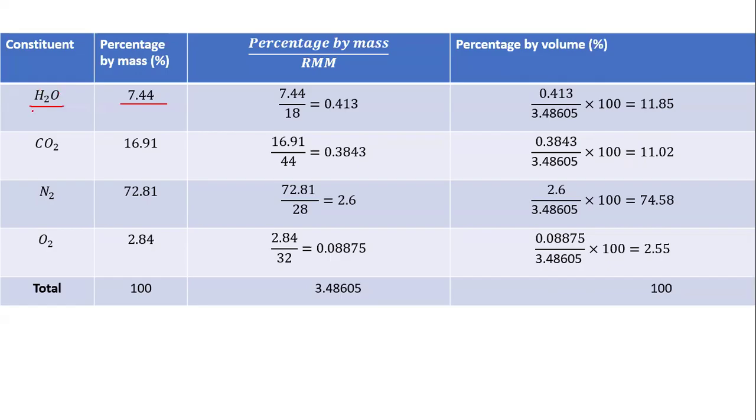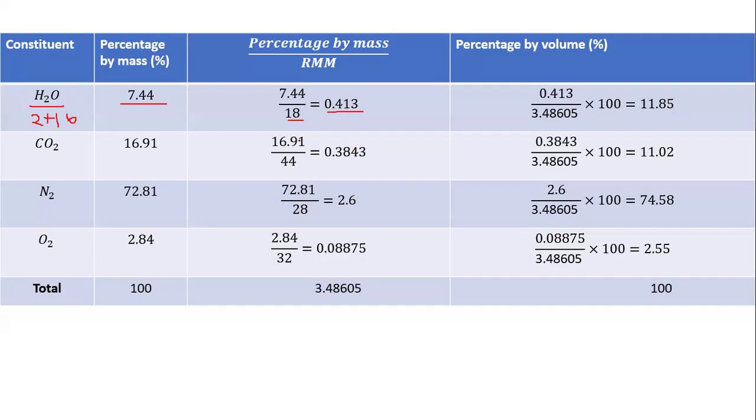So if I add the 2 plus that 16, that is where this 18 is coming from. So I pick the percentage, which is 7.44, divide by the 18. Then I get this number here.